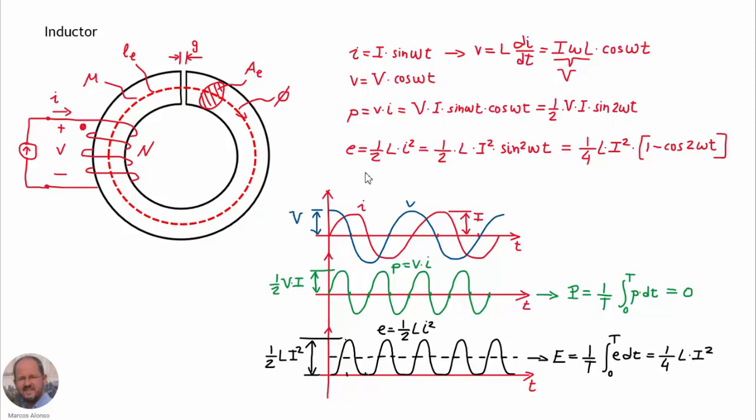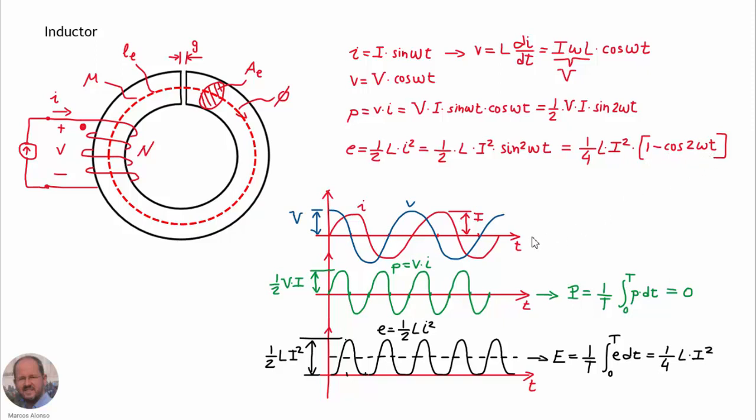And finally, we can calculate the energy that we have in the inductor, the instantaneous energy E. We know that is 1/2 the inductance times the current squared. So we get this expression here. And finally, using again another trigonometric equivalence, we can express this in this way. 1/4 the inductance, the amplitude of the current squared times this expression 1 minus cosine of 2 omega t.